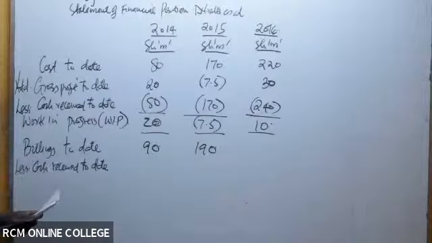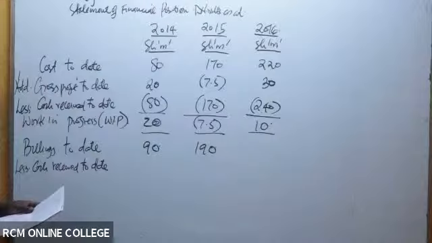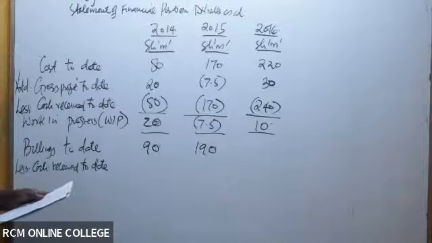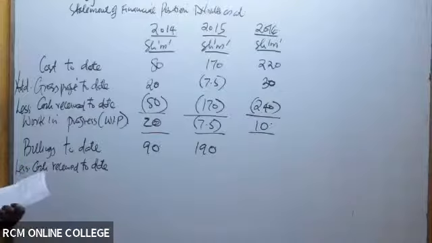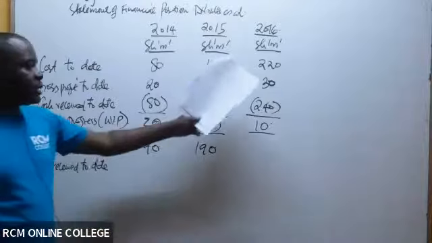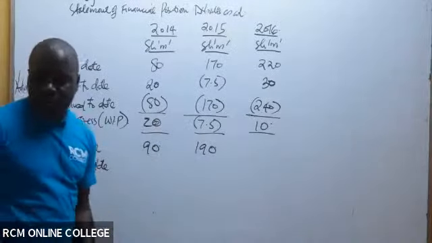Because in the year 2016, they billed 60. It will actually be 250. So the billings for the year 2016, it was actually 60. It means it will actually be 250.